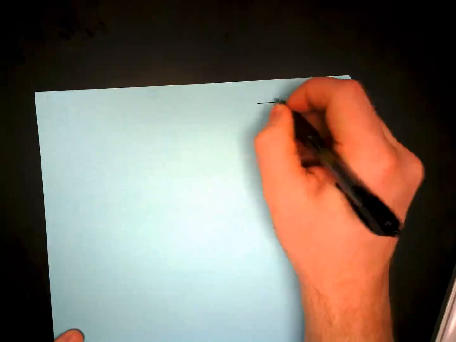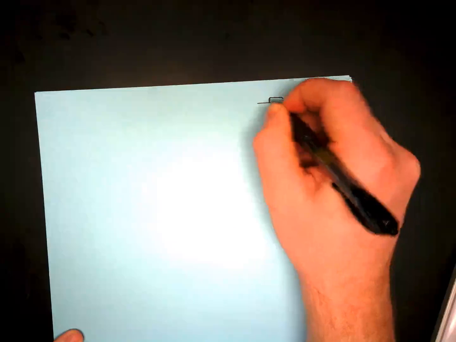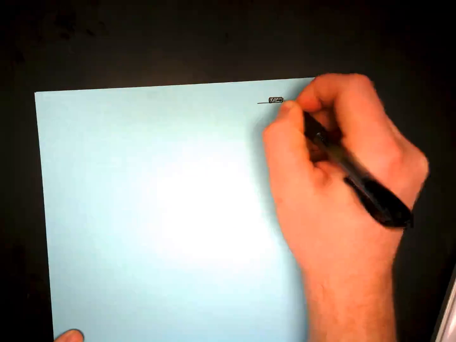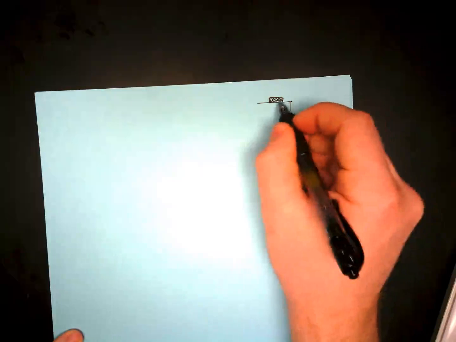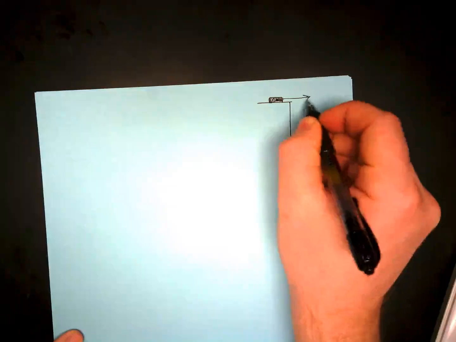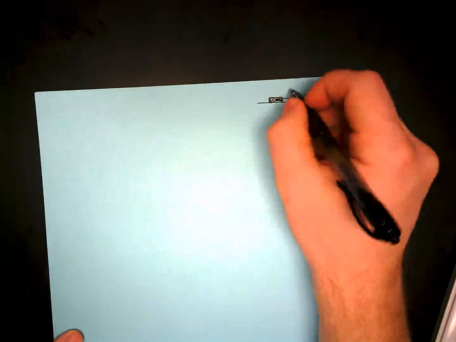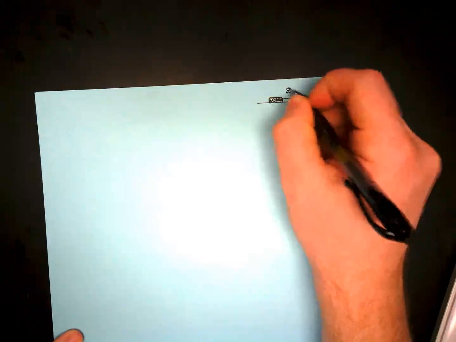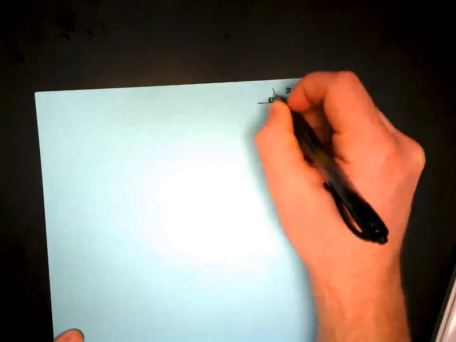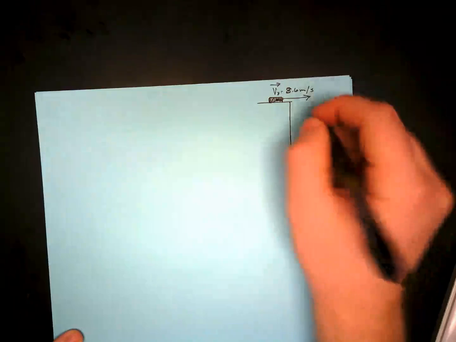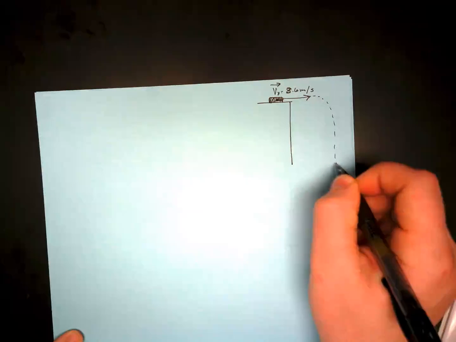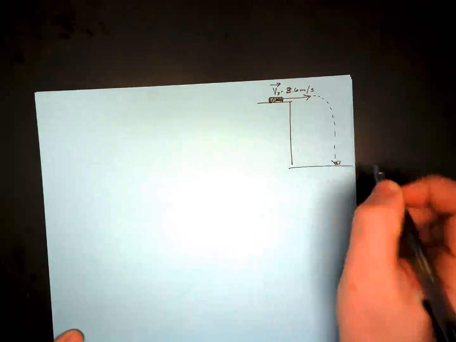So here's our picture. Here is our poorly misshapen hockey puck. It is going to be shot out this way, at 8.6 meters per second horizontally, and it's going to go all the way down here to the ground.